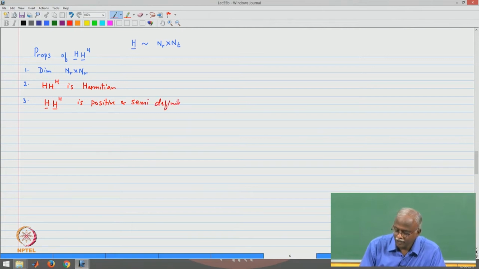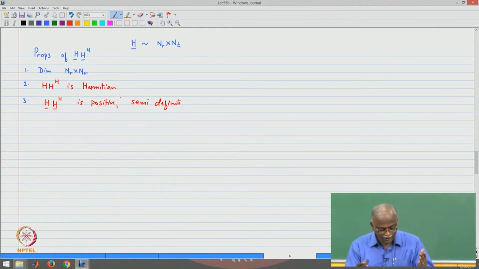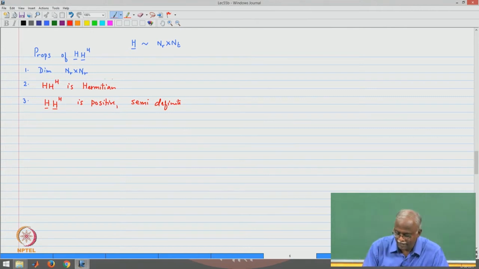Okay, the definition of a positive semi-definite matrix is known to you, so I will not write it down, but basically when you have this form, it means that the eigenvalues lambda i are all real valued and they are also greater than or equal to 0.